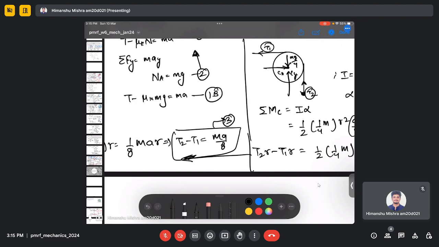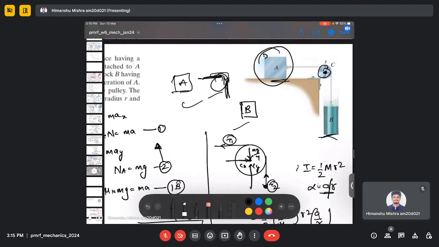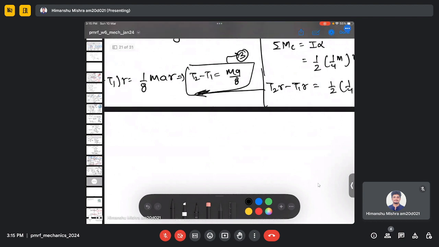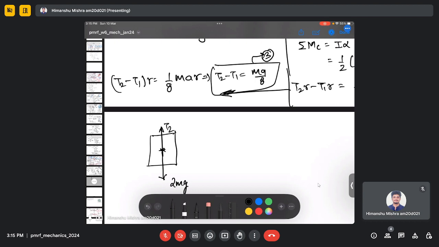So now we are left with the block B here. So I can only do the vertical force balance analysis here. So it will be minus T2 plus 2mg equals 2ma, which is equation 4.